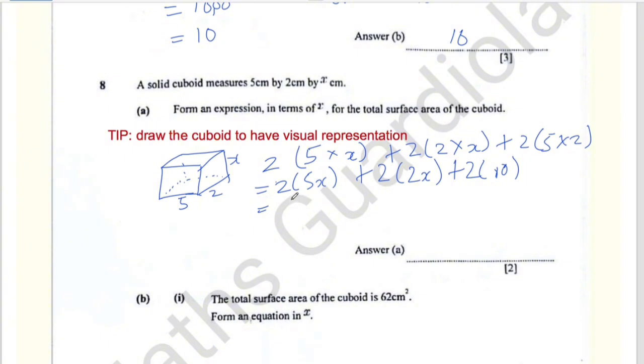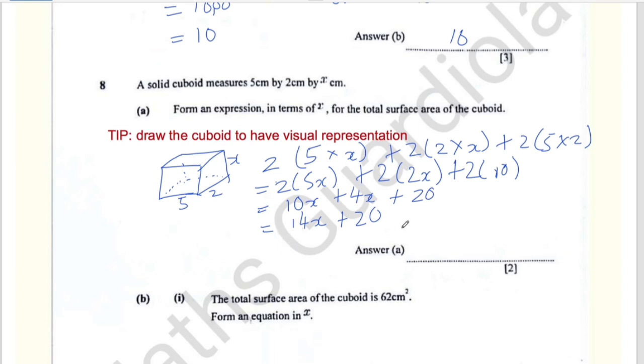So now we simply need to expand it. 2 times 5x is 10x. 2 times 2x is 4x. 2 times 10 is 20. Then this is our expression for the total surface area. Since 10x and 4x are like terms, we can add them and get 14x plus 20. So 14x plus 20 is our expression for the total surface area of this cuboid.